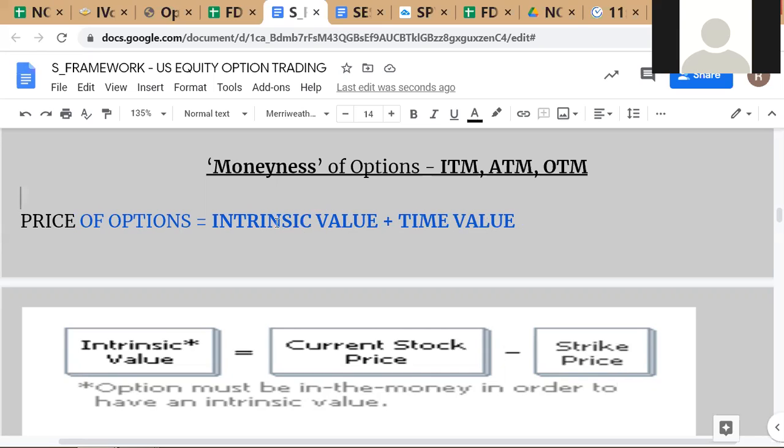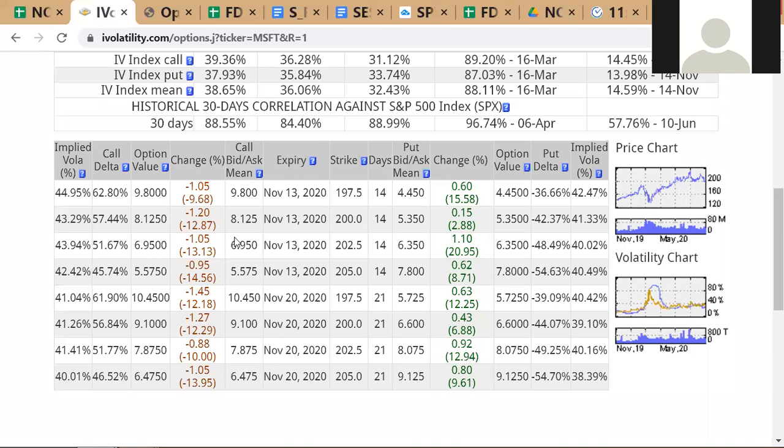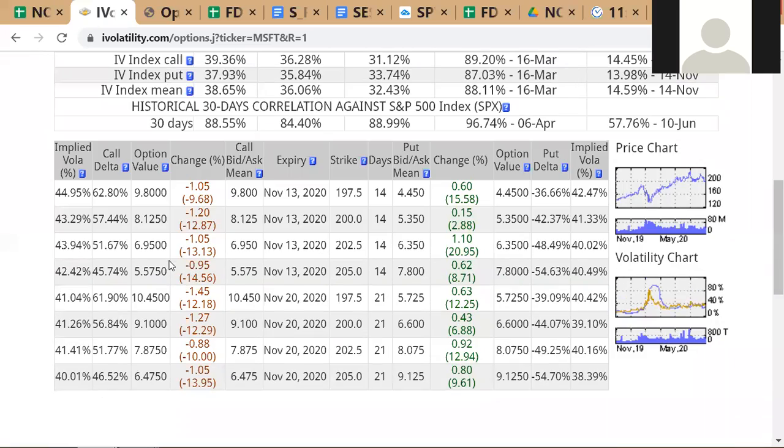They refer to it as intrinsic value and time value, but really what it is is the price of the option. Look at the option price here: the November 13th, 197.5 strike call on the underlying asset, Microsoft. The price is 9.8.